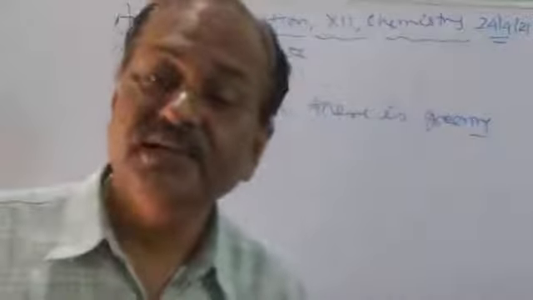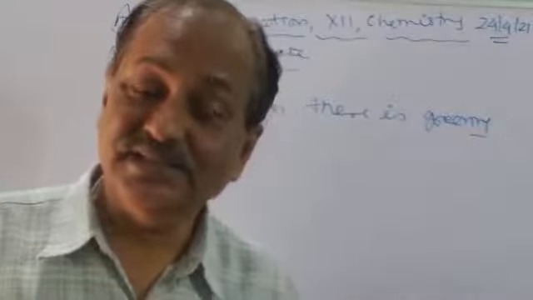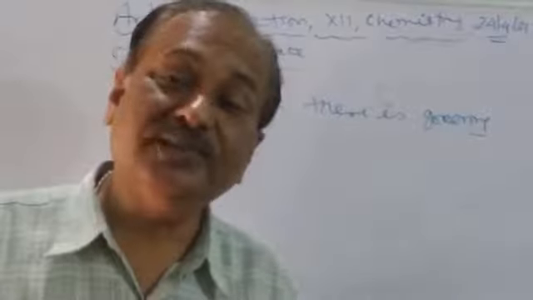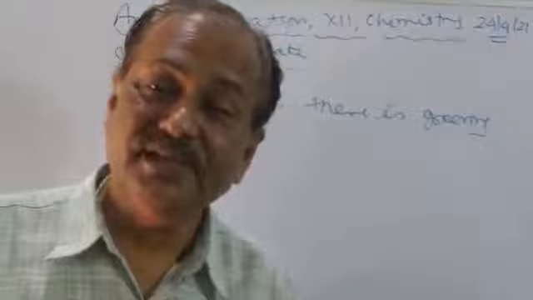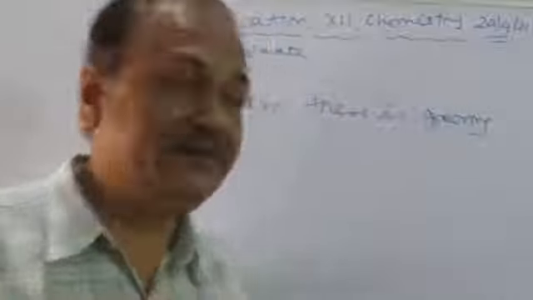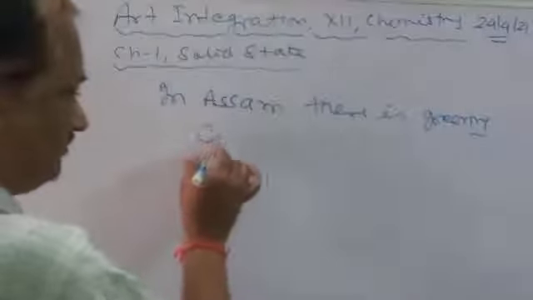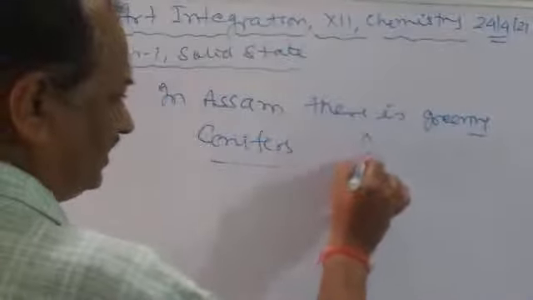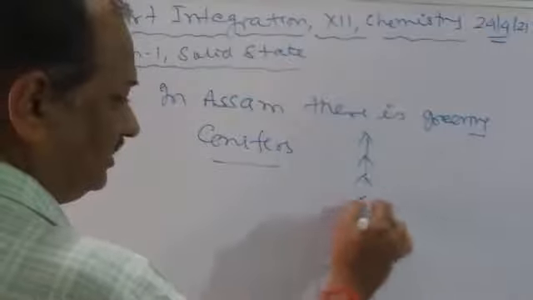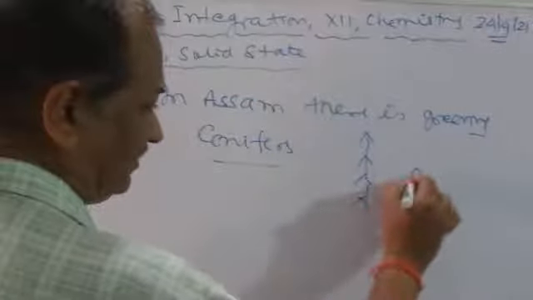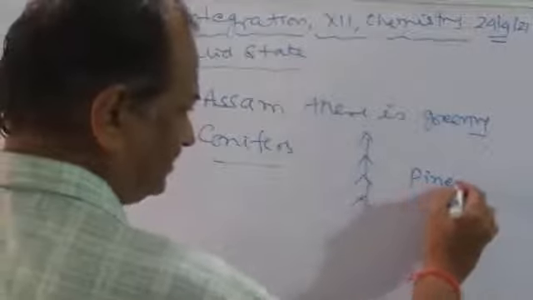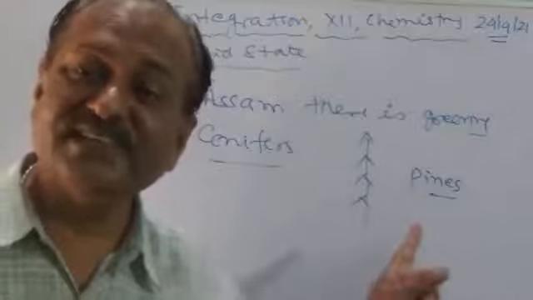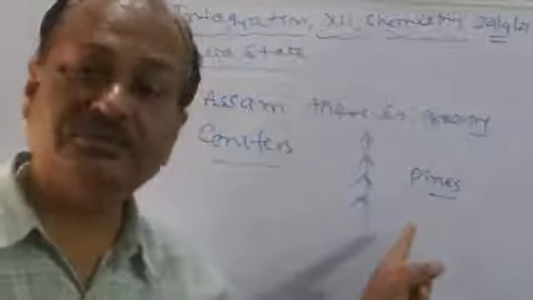Because of heavy rains and the climatic conditions. There is greenery almost throughout the year. The pattern of the forest is conifers. Conifers means the plants having cone-like structures, like pines of different varieties. So it is greenery throughout the year.